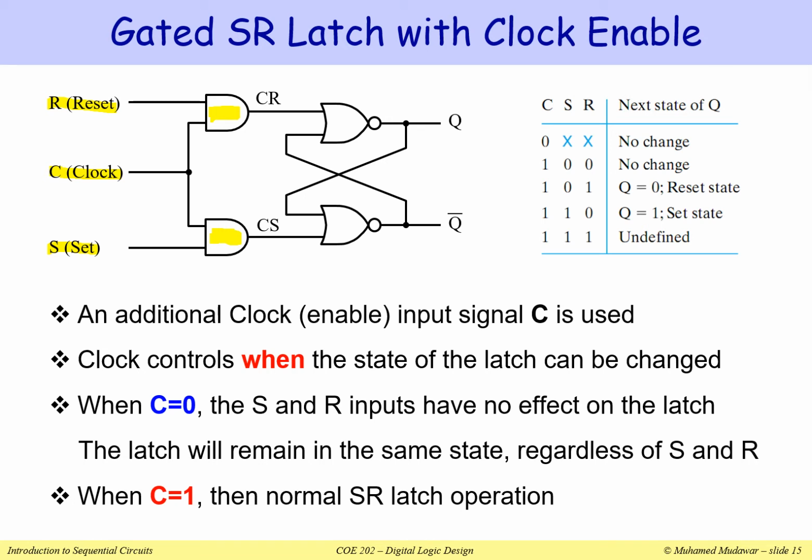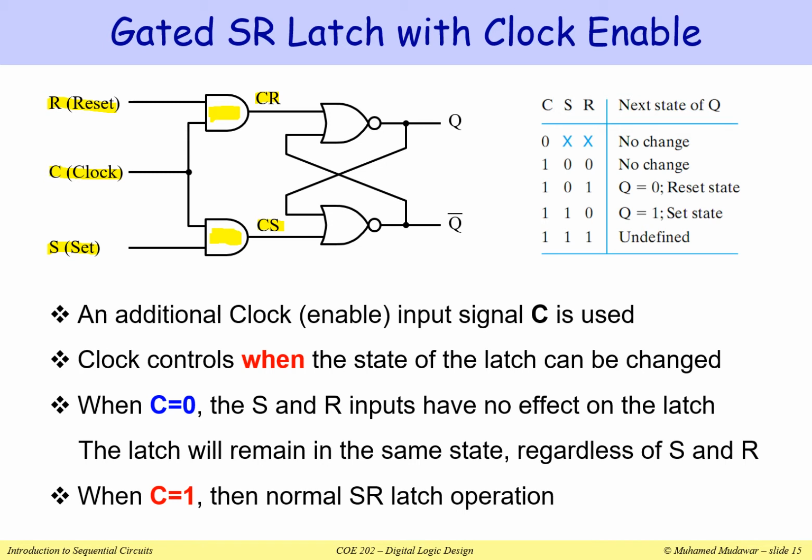So the output of the first AND gate is C and R. The output of the second AND gate is C and S. So when you AND, if C is equal to 1, you get R and S, and you will have a normal operation of an SR latch. However, if the clock input is 0, you will get 0 and 0, and there is no change in the value of Q and Q bar.